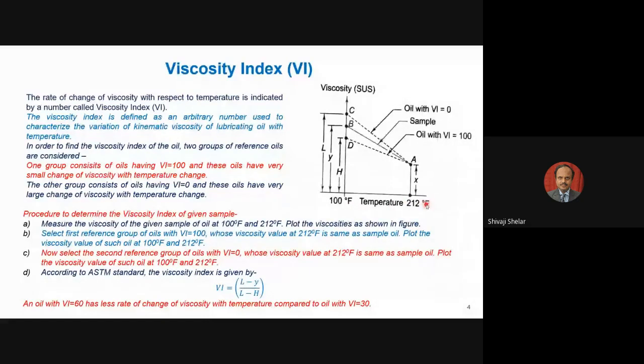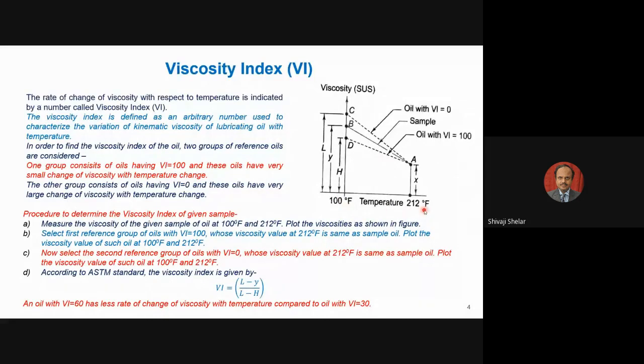After you have taken the sample, you measure the viscosity value using a Saybolt or Engler viscometer. You measure the kinematic viscosity value at 212 degrees Fahrenheit; the value is at point A, and at 100 degrees Fahrenheit the value is at point B. Then join points A and B. This line characterizes the viscosity change with temperature for the given sample, between 100 degrees Fahrenheit and 212 degrees Fahrenheit.